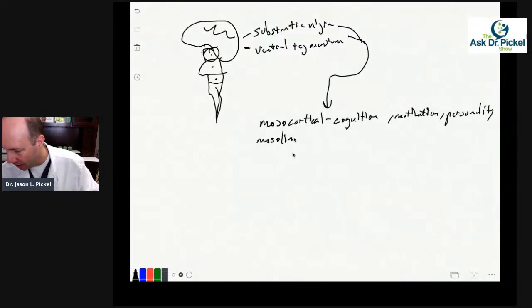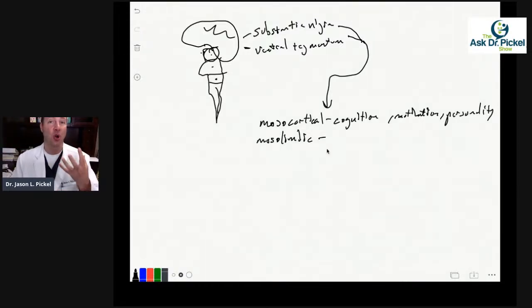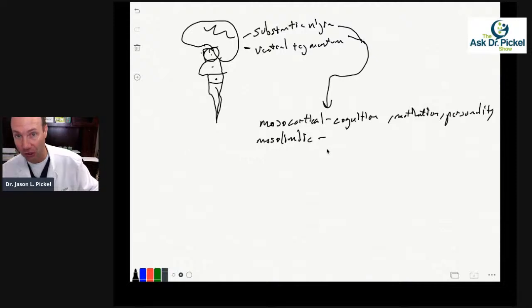So mesolimbic. And limbic, this is the emotional side of the brain, the deep emotional side. Sometimes in the science, they'll call it the animalistic side that we've got to control. So again, we need this working properly, but that operates more, like I said, on emotion and reward.